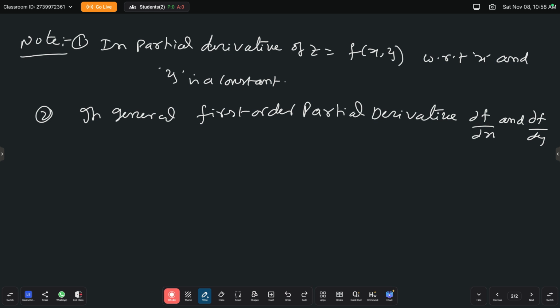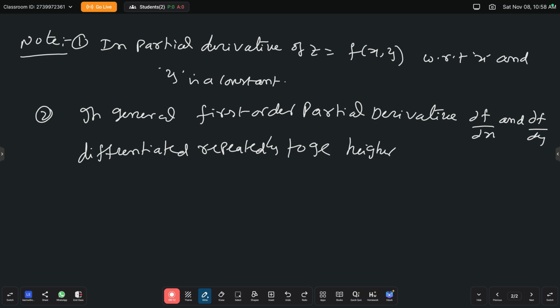They can be differentiated repeatedly to get higher order partial derivatives. It is a continuous differentiation.